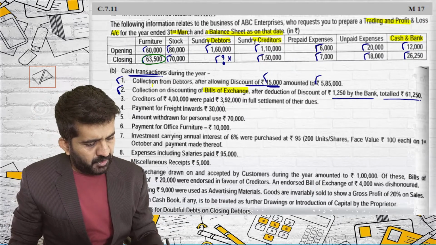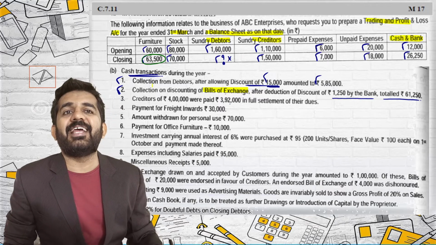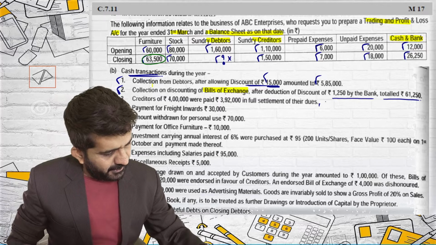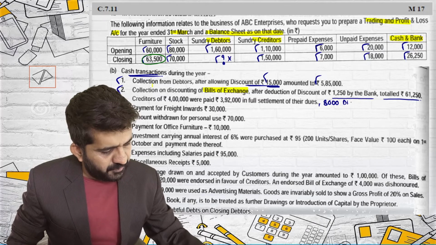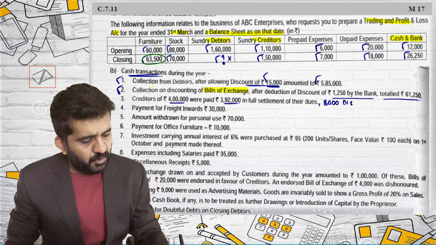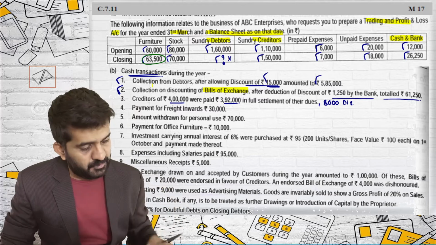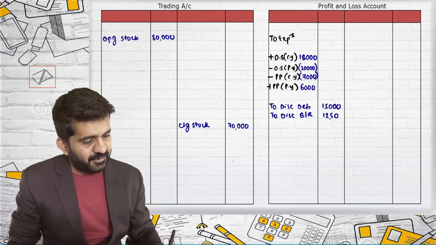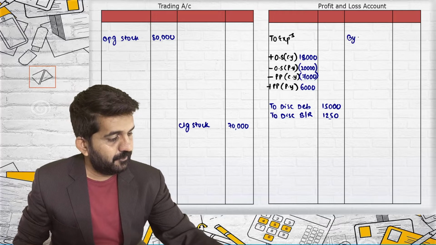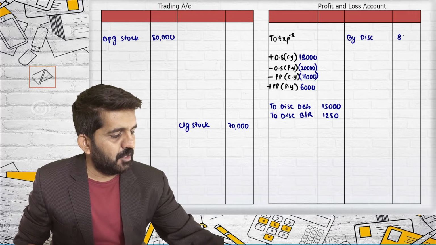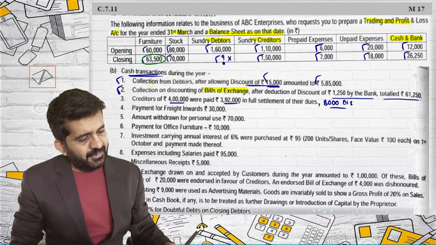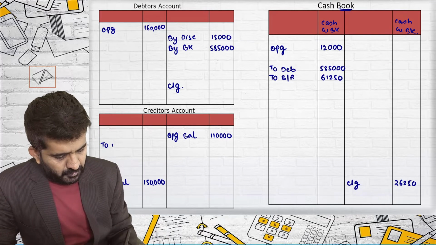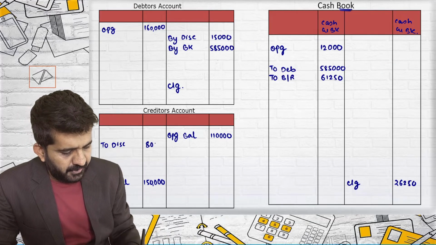Creditors of rupees 4 lakhs were paid only 3,92,000. So again there is a discount of 8,000. There is a discount of 8,000 which is received from creditors, because creditors of 4 lakhs were paid only 3,92,000 in full settlement. So first let me pass the discount. Discount received from creditors is our income, by discount 8,000. Creditors account will be debited to discount 8,000.